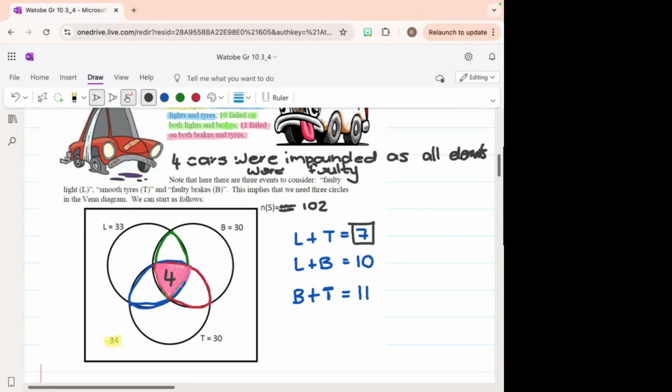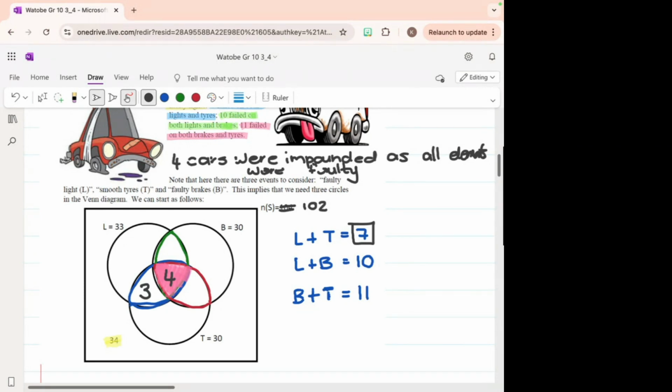All right. So to get 7 in this blue band here, lights plus tires equals 7. So already I've got 4. So what's going to be here? It's going to be 3. And now, I love Venn diagrams because it's like doing a puzzle.